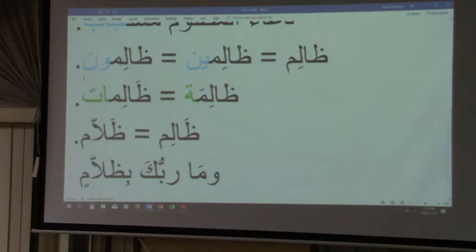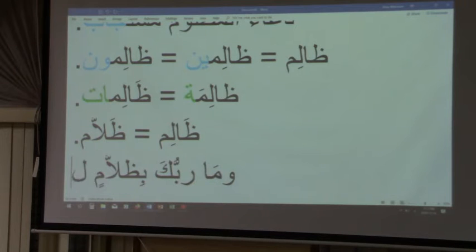Right? The next verse. Li means for. What is the meaning of abd? Slave and servant. The plural of abd is ibad, ibadullah, and also abeed. So give me a minute before we do that.